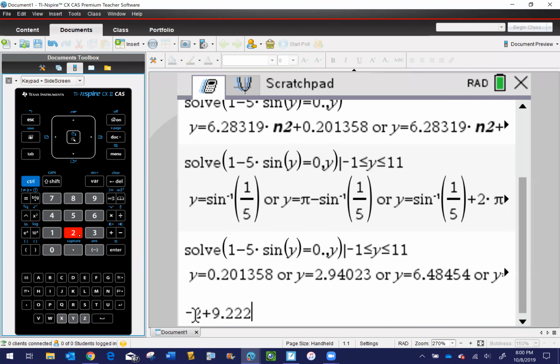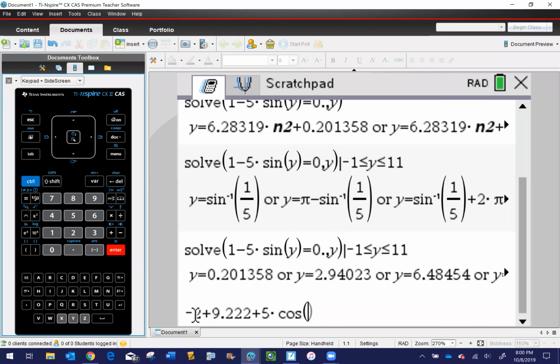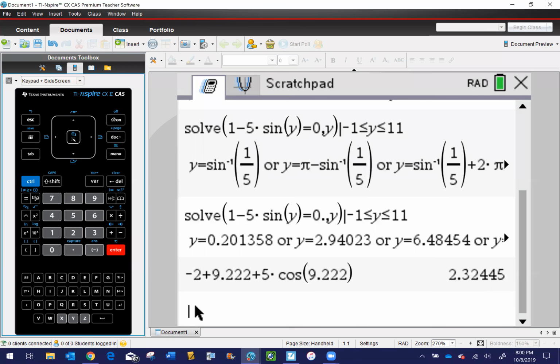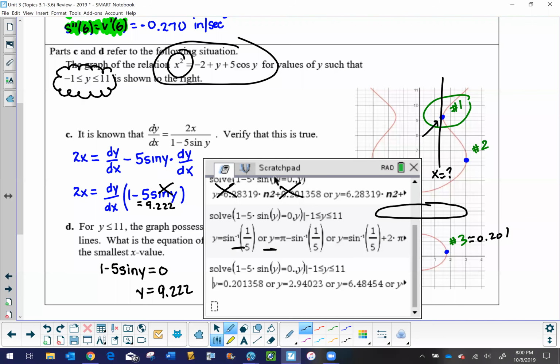And then we are going to add 5 times the cosine of 9.222, and we end up with this answer, 2.32445. Now, if you look back at your notes, that's what x squared is equal to, am I right? So we know that x squared is equal to that expression that we had on the calculator.